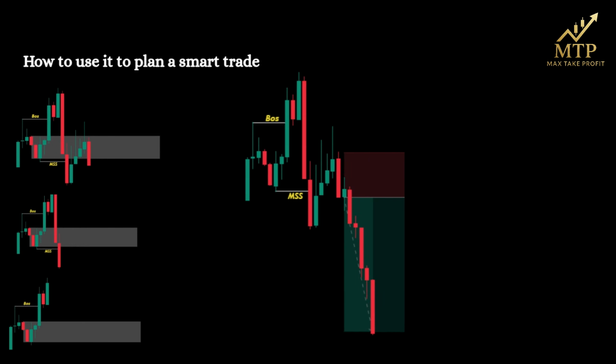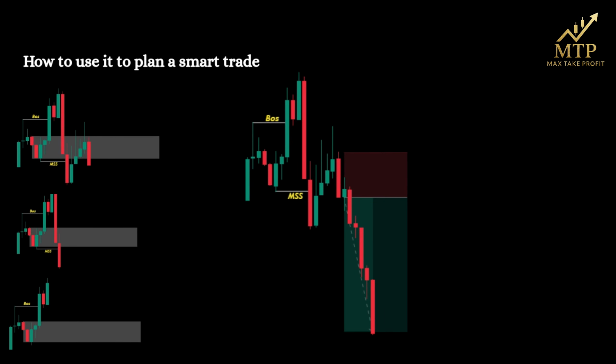In our example, we can clearly see how, after the retest, the price continued moving in the expected direction, all the way to reach our take profit. A perfect validation of our setup, showing just how powerful the breaker block concept can be when it's properly understood.